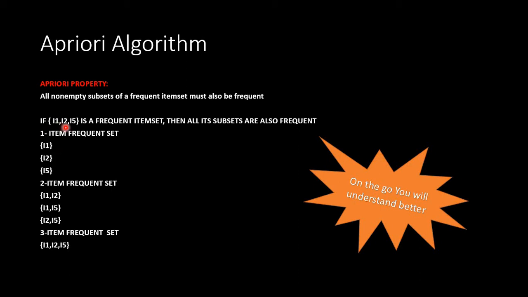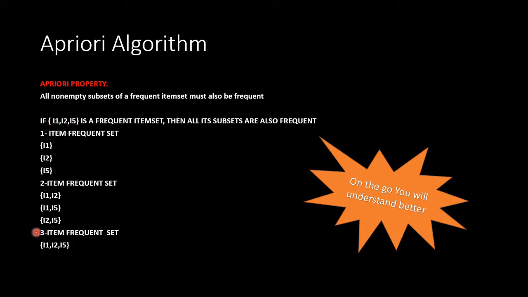If I1, I2 and I5 is a frequent item set, then all its subsets are also frequent. What do you mean by that? Very simple. One item frequent sets: I1, I2, I5. These are called one item frequent sets. Two item frequent sets: I1, I2; I1, I5; I2, I5. These three are called two item frequent sets. Three item frequent set: I2, I5, I1.